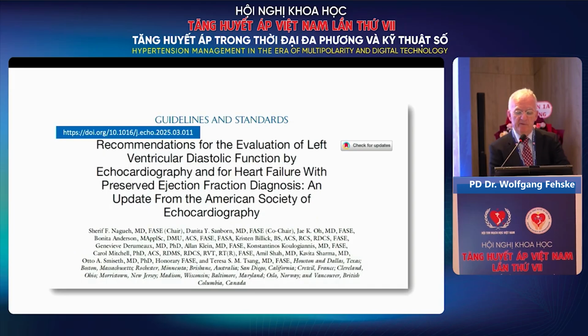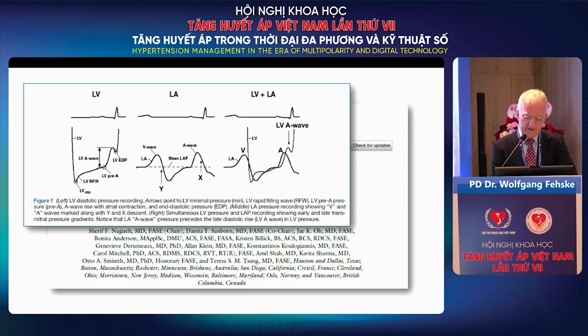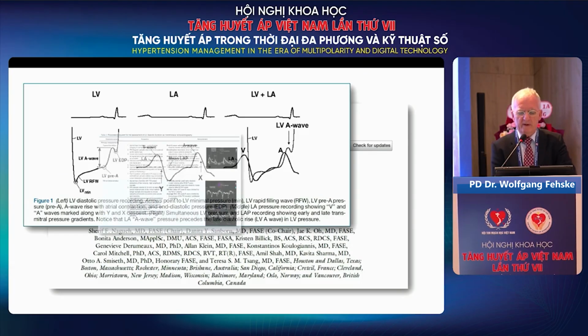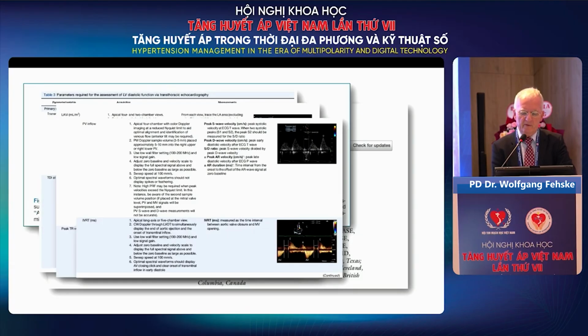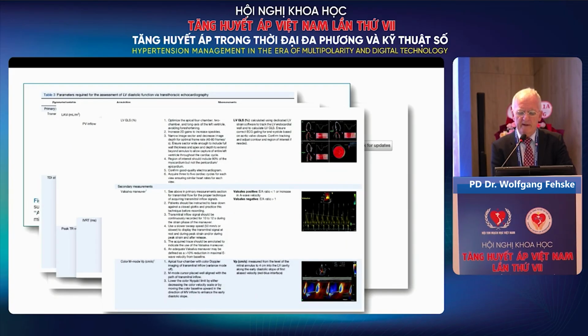And the recommendations of today have a lot of application dealing with the pressures in the left ventricle, but they try to find out with a lot of these parameters. We have not told about everything of that here now.